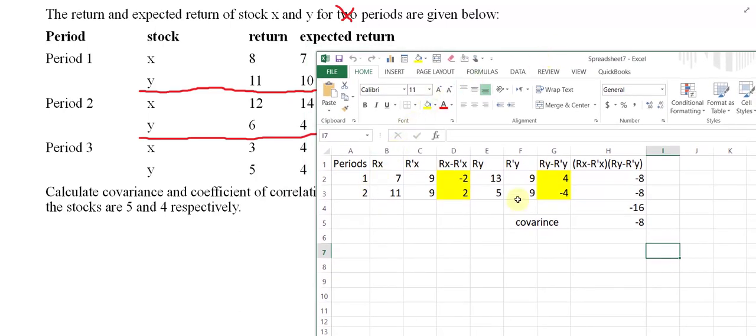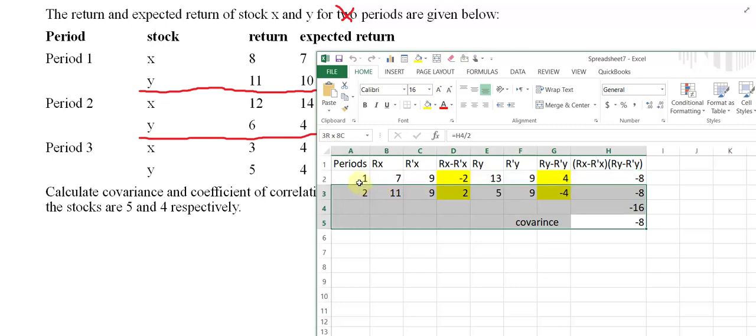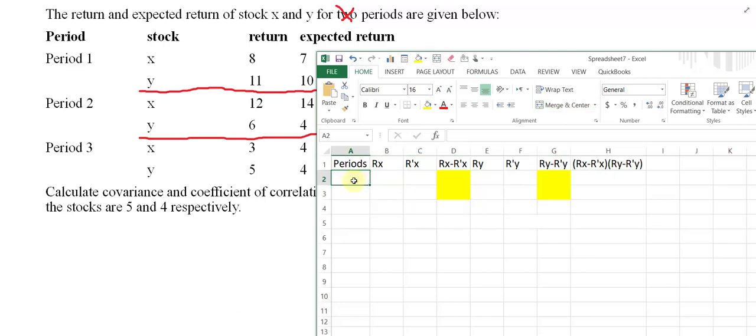Everything is fine, so we can simply remove the extra section, delete it, and go for period 1, period 2, as well as period 3.